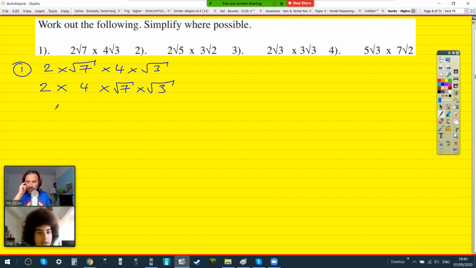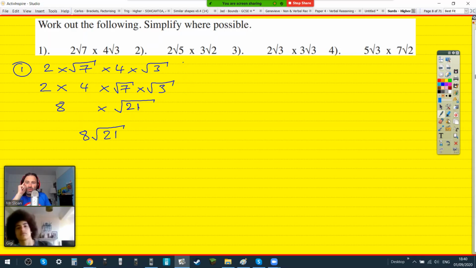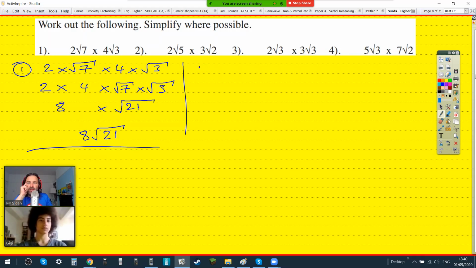7 times 3 is square root of 21. Yeah. And then it's like 8 times x. The short way of writing it would be 8x. 8 times root 21, 8 root 21. Normal number, square root number. Can't make it any simpler. Unless you wanted a decimal, which we don't.